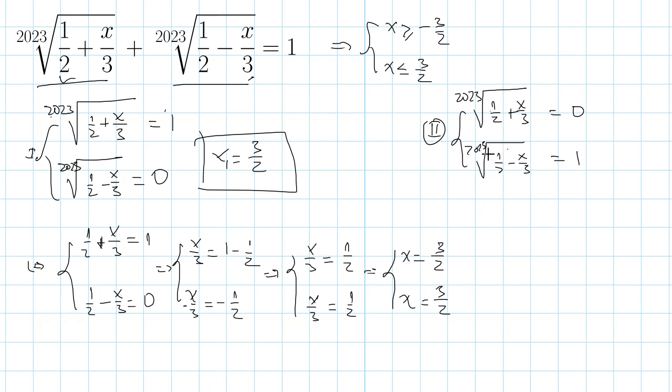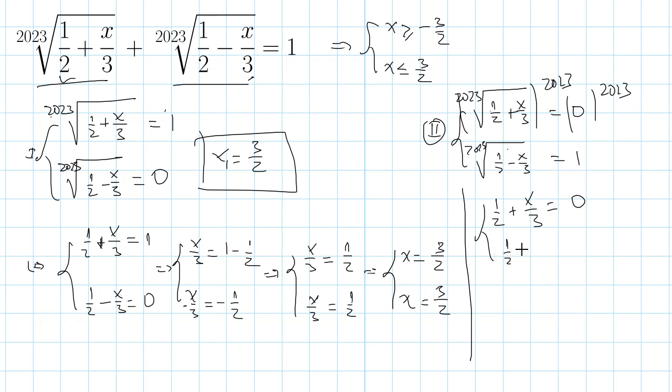Okay, so taking the same step as here, I'm gonna have for this one a half plus. Remember, you have to take the power 2023 on both sides. So you have here 0, and the second one is going to be 0 to 2023. So you have x over 3 equals -1/2, and minus x over 3 equals -1/2, right?